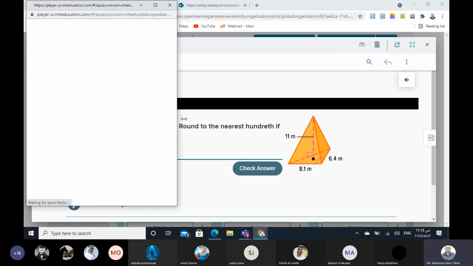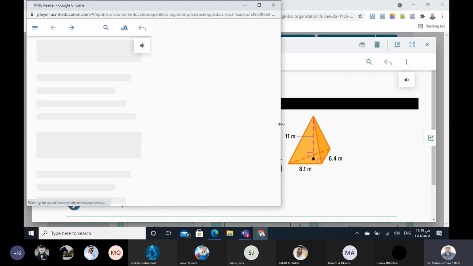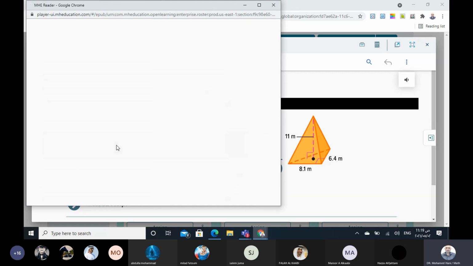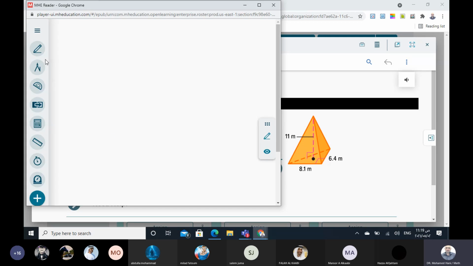The first step, start from the formula. V, the volume, equals 1/3 multiplied by the area of the base, B capital letter, multiplied by the height of the pyramid.